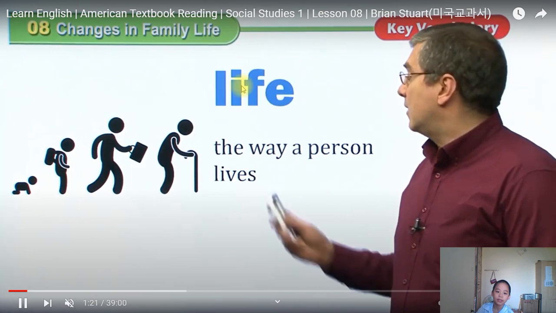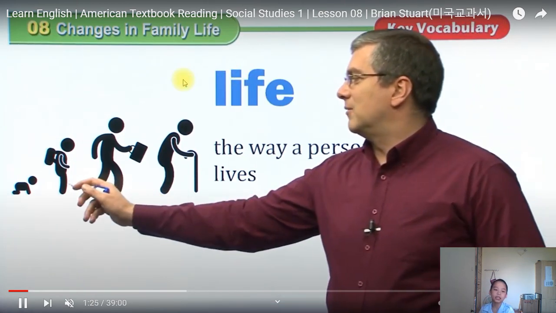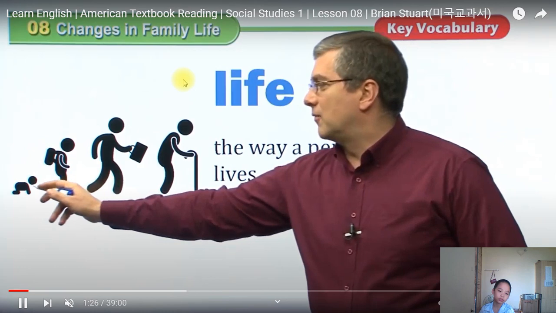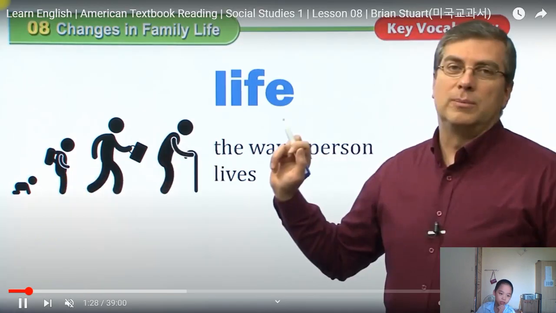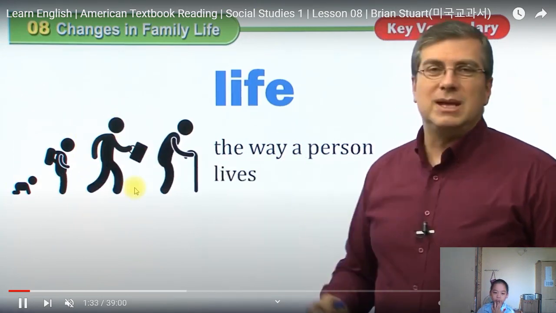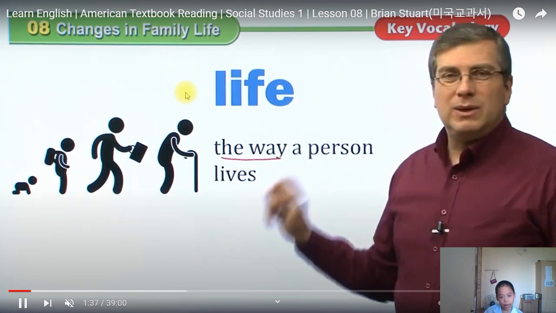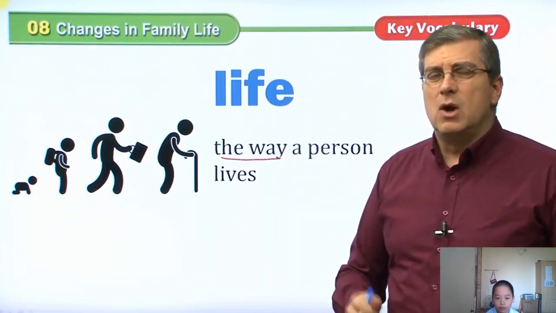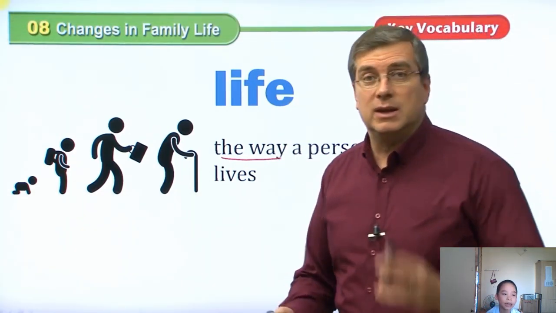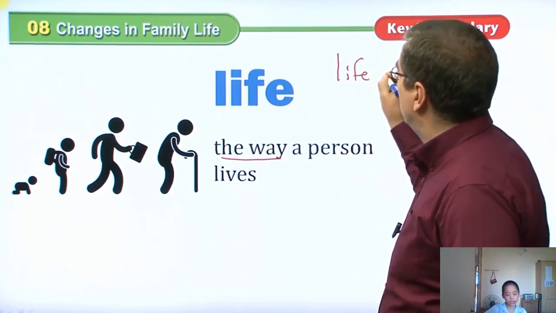Then we have the next one: life is the way a person lives. There are three pictures: a baby and a boy, then a man, and a very old adult. So we can have the word life cycle. Life cycle means the time people live.